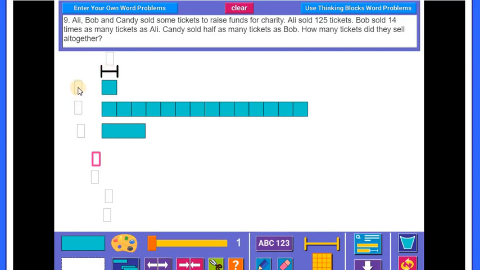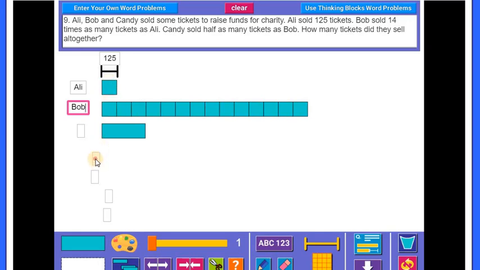I already drew it. This one is Ali's model, and the number is 125 tickets. The second one is for Bob. In the question, it says that Bob sold 14 times, so there are 14 units, and make sure that one unit is the same as Ali's, like this.